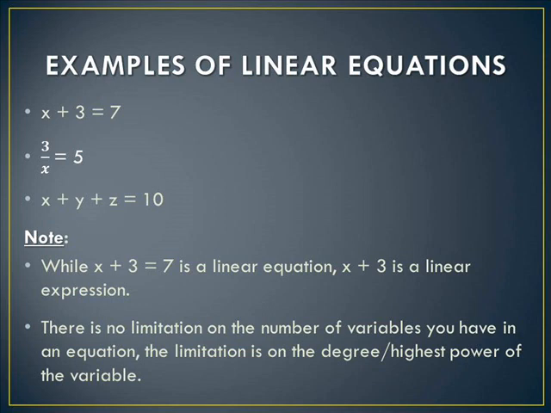In the third example, x plus y plus z is equal to 10. We have 3 variables, but we know very well that there is no limitation on the number of variables in a linear equation. The limitation is on the degree or highest power of the variable. As the degree is 1, therefore it is also a linear equation.